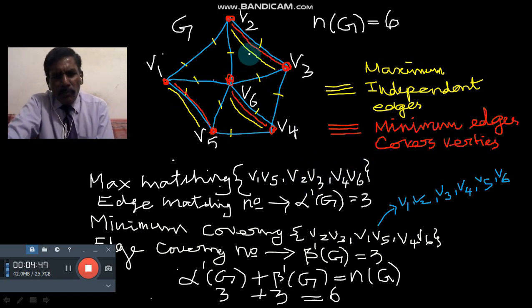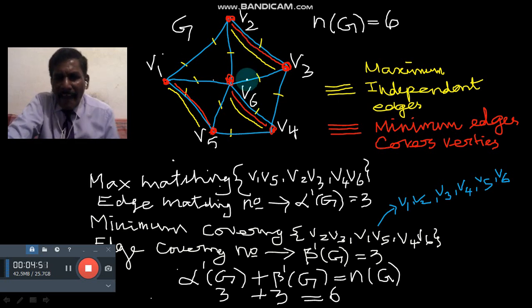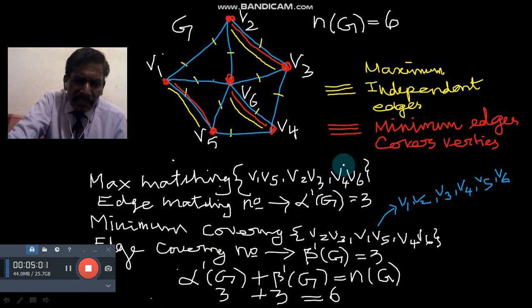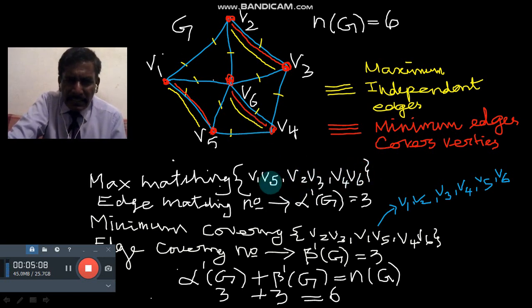Can we find another edge which is independent of these? It is impossible.